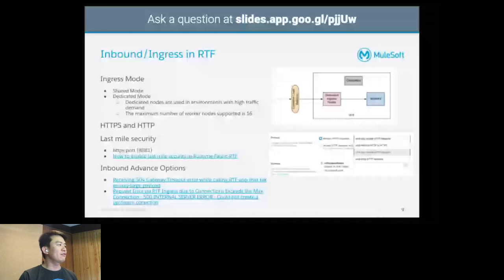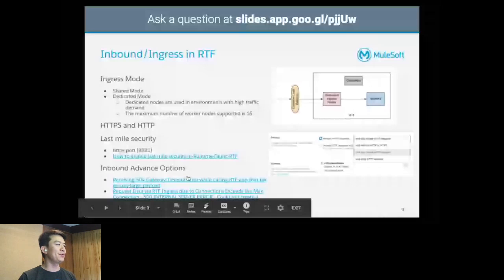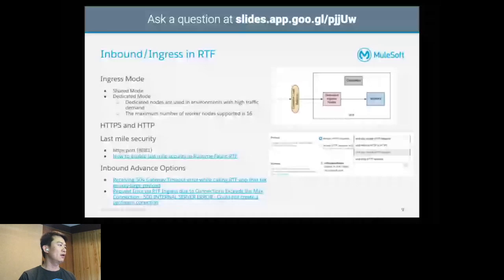Then the Ingress has advanced options. These advanced options usually have default values that fit most scenarios, but in some extreme cases, you may need to adjust these values to fit your case. As in the article on this slide, if for example the payload is very large and takes more time to read from the application, then you need to adjust the read timeout in the advanced options.